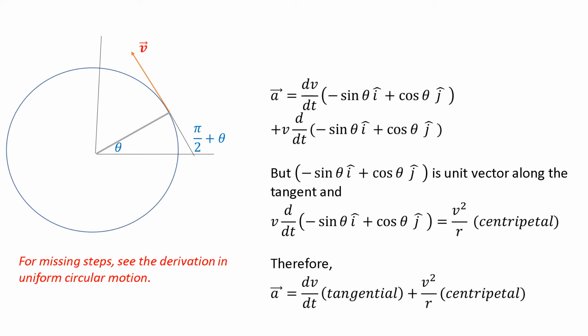The tangential component equals dv by dt, where v is speed, and the centripetal component equals v square by r, again v is speed. Note that we have to differentiate between d by dt of velocity v and d by dt of speed v. D by dt of velocity v will be equal to total acceleration, and d by dt of speed for a body in a circular motion is tangential component of acceleration.